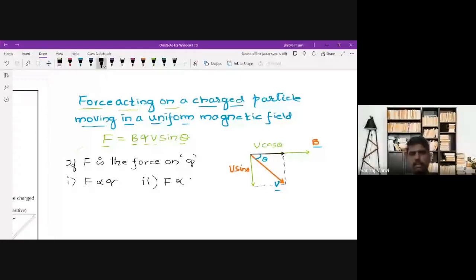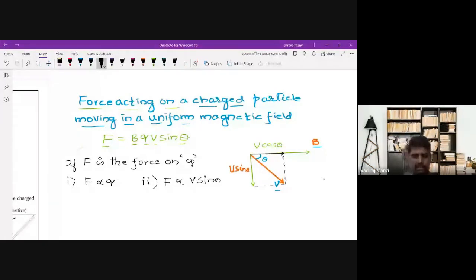Means it depends on velocity, but velocity has been resolved into two components. So it depends on the sine component, not on cos. Again, this is experimentally seen. When they allowed the charged particle to move along the magnetic field, they observed that theta was 0, sine 0 is 0, force was also 0. Hence, they took the sine component, not the cos component.